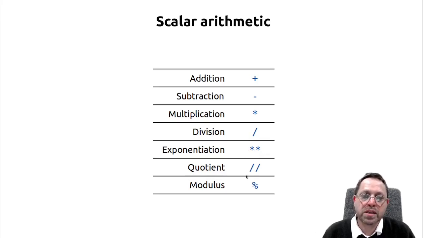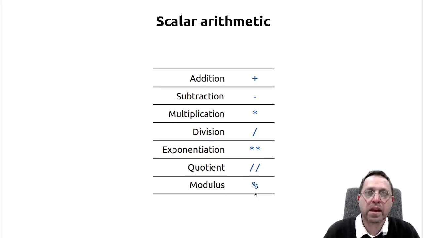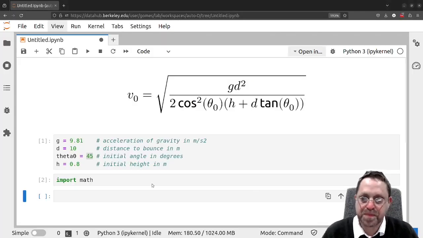The quotient is a double slash, and the modulus is a percentage sign. Now, if you don't know what these are, the quotient is the integer part of a division, whereas the modulus is the remainder of a division. Let's see an example of these.